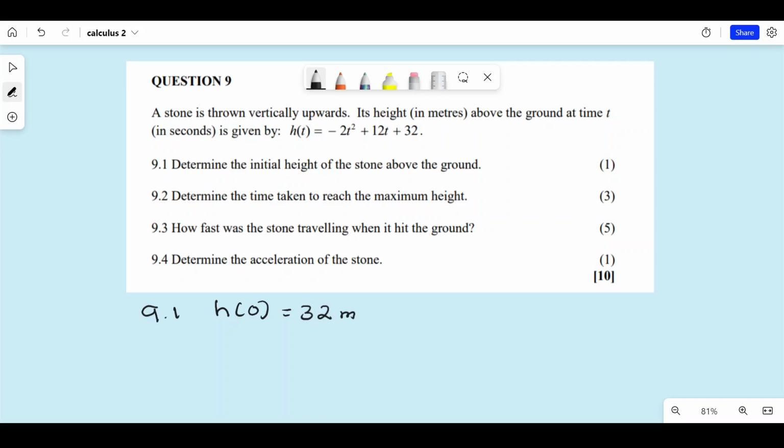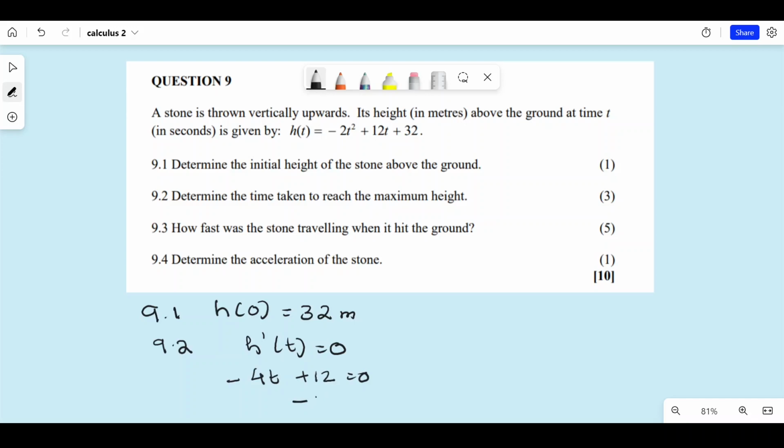Now 9.2, determine the time taken to reach maximum height. Look at the word maximum. Whenever you are doing any problem on maximum or minimum, the derivative equals 0. That means here h'(t) equals 0. Taking the derivative of this function gives negative 4t plus 12 equals 0.